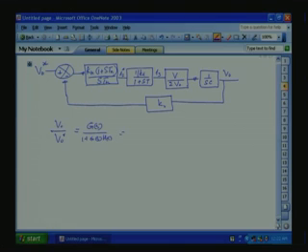This will be Kn into 1 plus STN divided by STN, into 1 by Ki divided by 1 plus ST. Let us take V plus V0 as some constant V1.